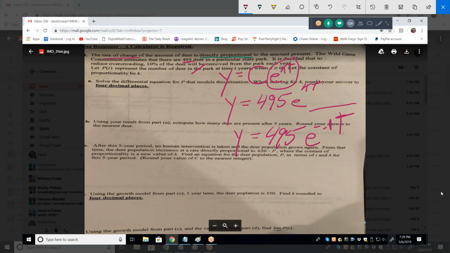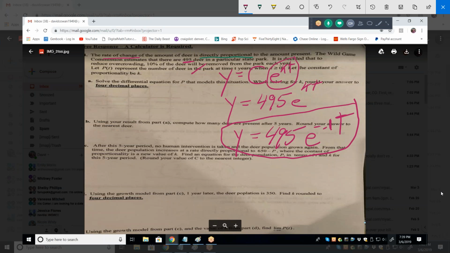Notice that the only variables there are t and y. y is going to be the amount of deer in the park after some period of time. So it says solve the differential equation for P that models the situation.